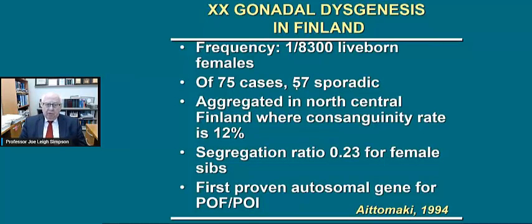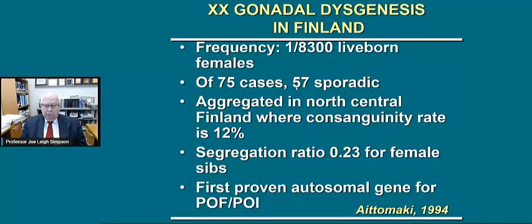But this was slow going, and actually until about 15 years ago, we had very few situations in which we were convinced that there was a gene causing premature ovarian failure that was not on the X chromosome. So one that we did know about was a phenomenon that occurred in Finland. In Finland, it's very common for women with 46XX normal karyotypes to have their premature ovarian failure due to an autosomal recessive gene.